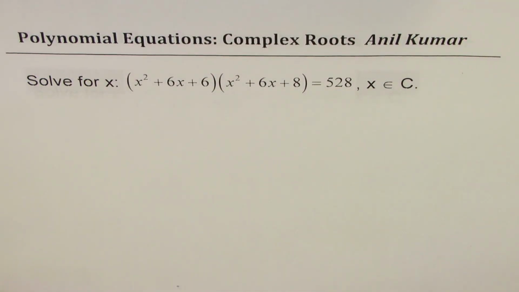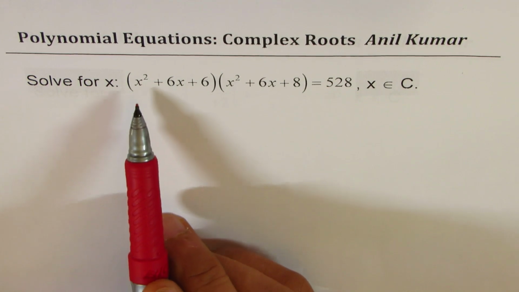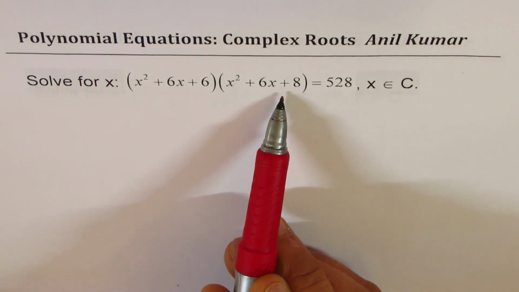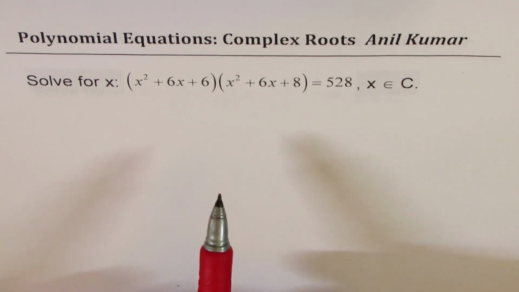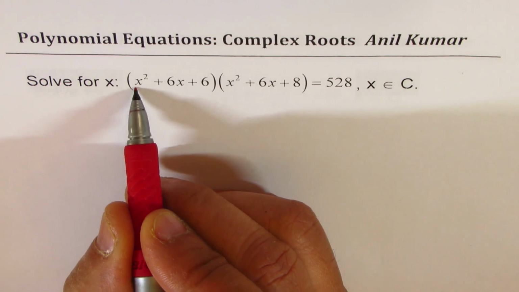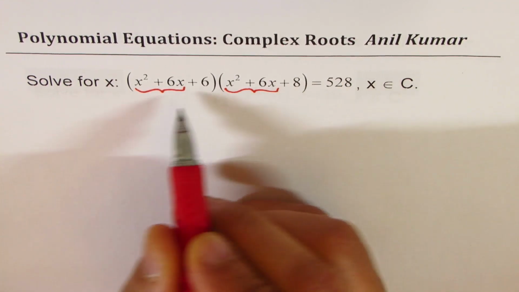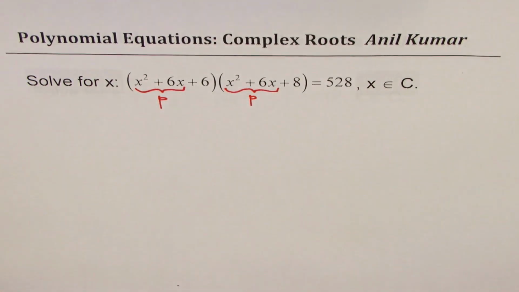Now here is another very interesting question on polynomial equations with complex roots. We need to solve (x squared plus 6x plus 6) times (x squared plus 6x plus 8) equals 528, where x belongs to complex numbers. We can again write x squared plus 6x, which is a common thing here, as some other letter, let's say p, and then solve the question.